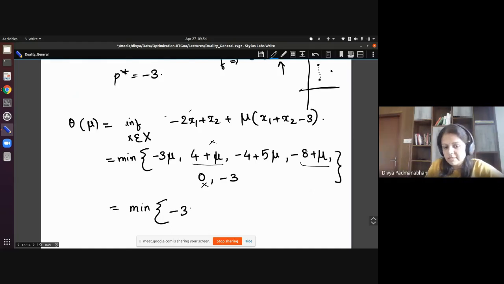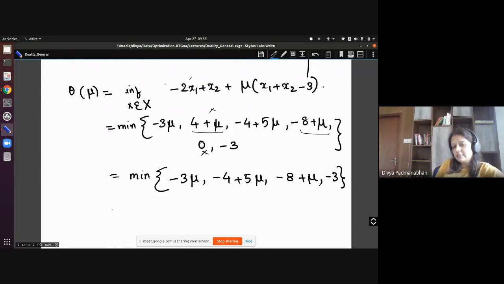So what we're left with is minus 3 mu, minus 4 plus 5 mu, minus 8 plus mu, and minus 3. So the dual function is a minimizer of all these lines.